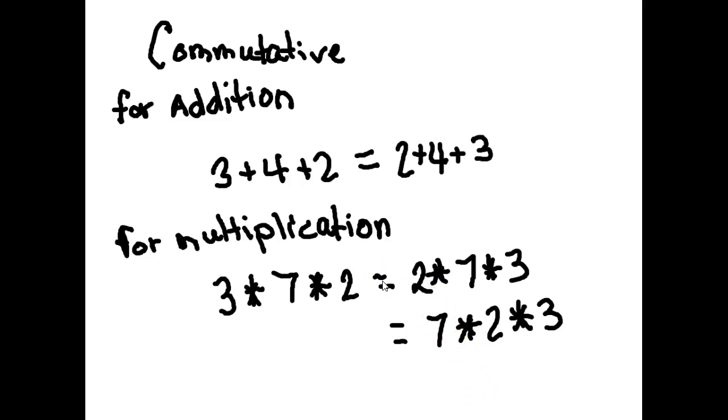Let's talk about another one here. I'm going to talk about the associative property. And there is, again, one for addition and one for multiplication.